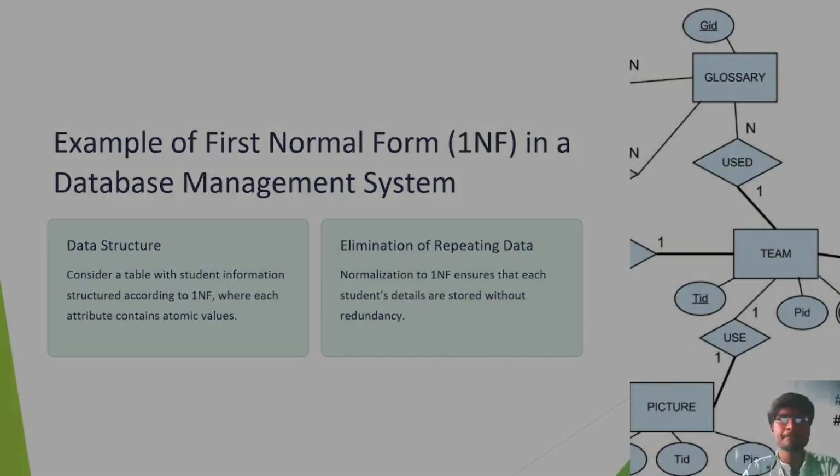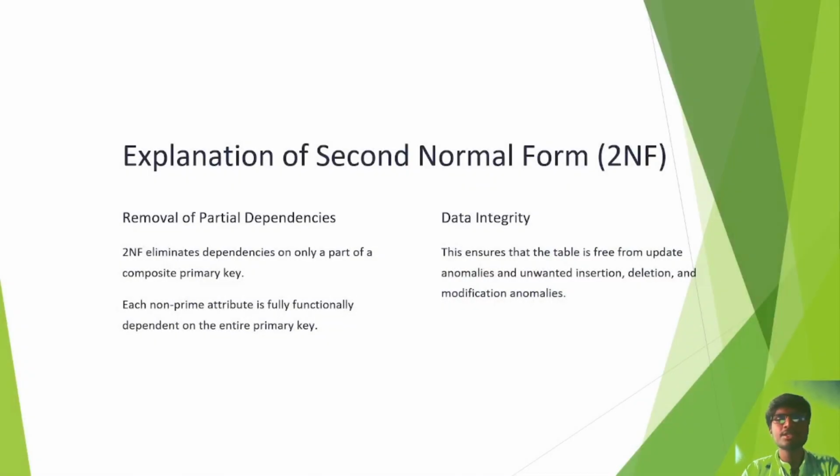Explanation of second normal form, 2NF. Removal of partial dependencies and data integrity. In the removal of partial dependencies, 2NF eliminates dependencies on only a part of a composite primary key.